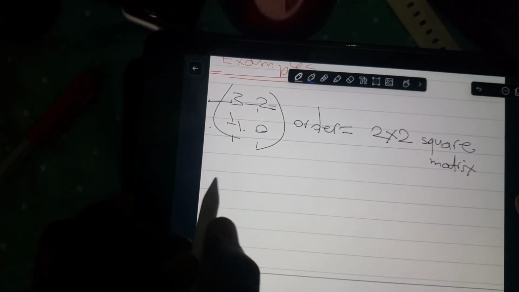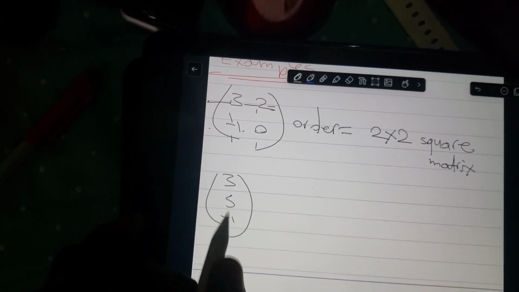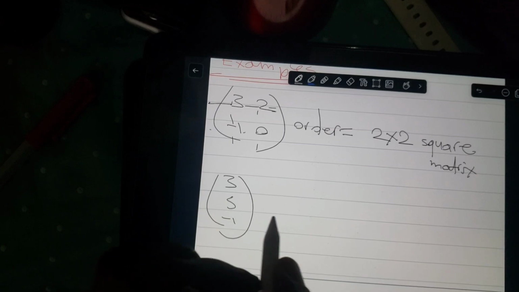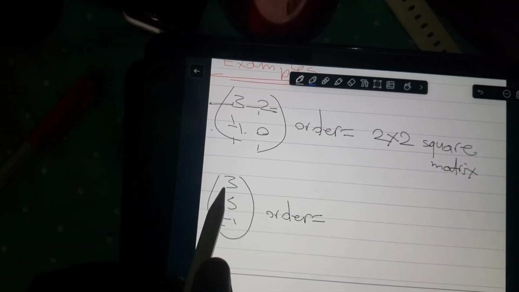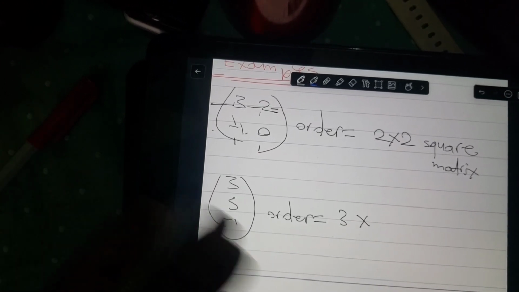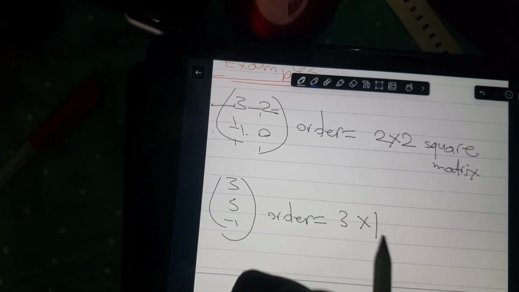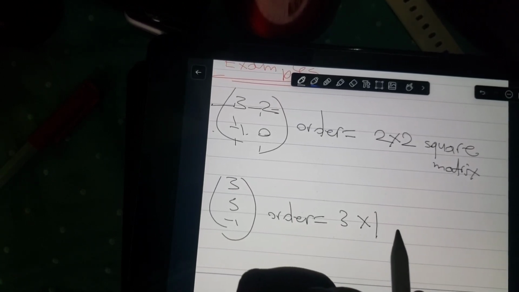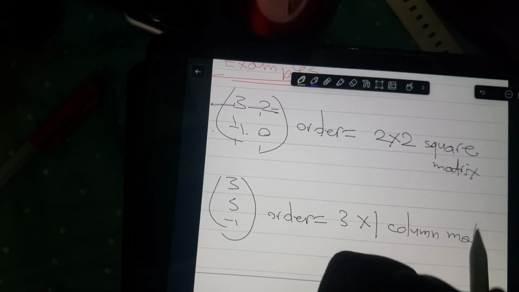Another example: 3, 5, minus 1. If I define the order of this matrix, I count the number of rows: 1, 2, 3, so 3 by 1 column. It has a single column, so it becomes a column matrix.